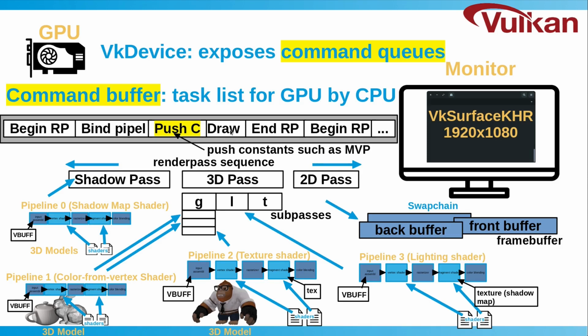Then we can issue a draw call here, and we can say end render pass, begin new render pass. So this is how we create a task list on the CPU and send it to the GPU.